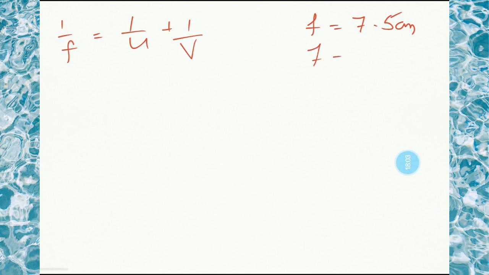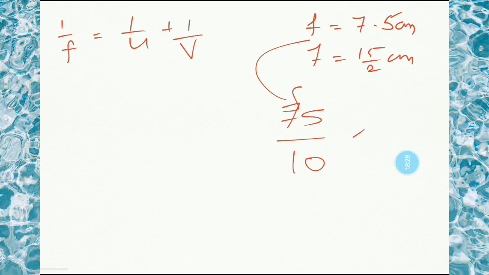I can write it as 15 by 2. 7.5 can be written as 75 by 10, and when you simplify it, that is going to be 15 by 2. So directly I am taking that value here so that my calculation will be easy.